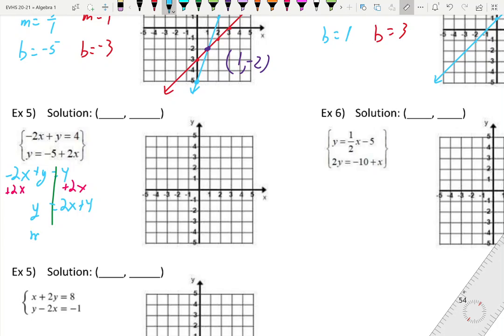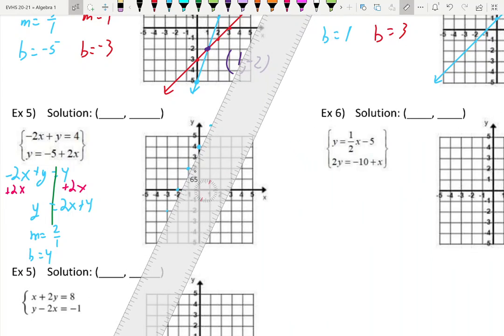From there I can see that my slope is 2/1 and my y-intercept is 4. So jump over to 4. Rise 2, run 1, which I can't really graph on there, so I have to go the opposite direction: down 2, left 1, down 2, left 1. And then let's draw that line.